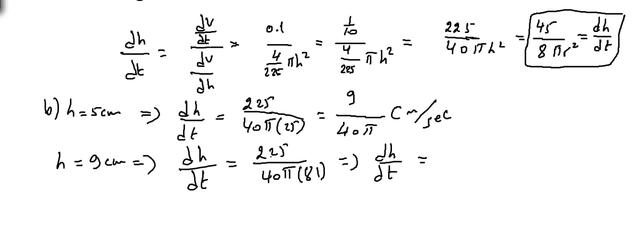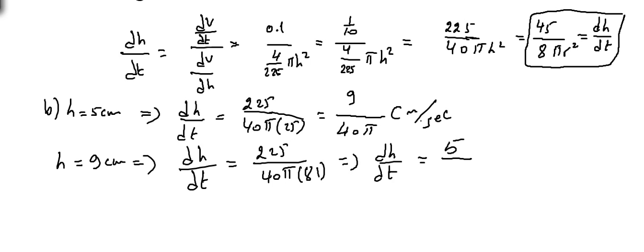We simplify 225 and 81, both divisible by 9. 81 divided by 9 is 9, times 40, right? 225 divided by 9, it's not 5.